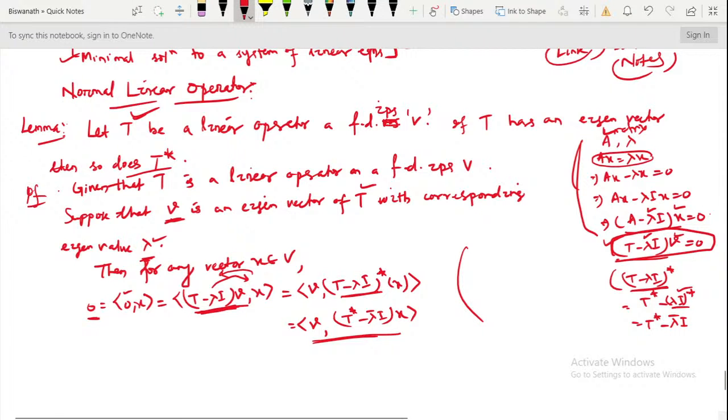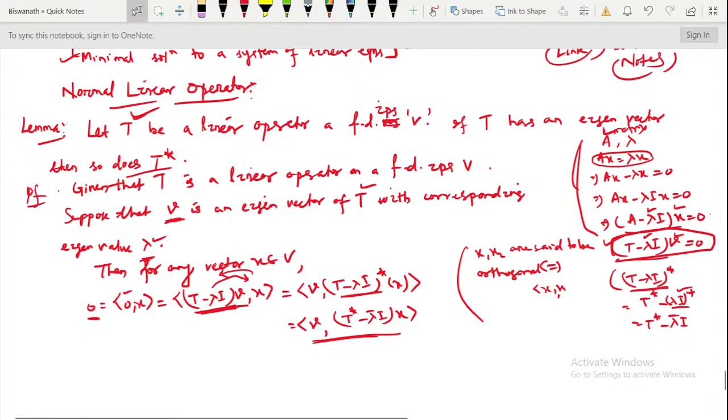Two vectors x1 and x2 are said to be orthogonal. In the last class also we said something about orthogonality. So any two vectors are said to be orthogonal if and only if their inner product is equal to 0.